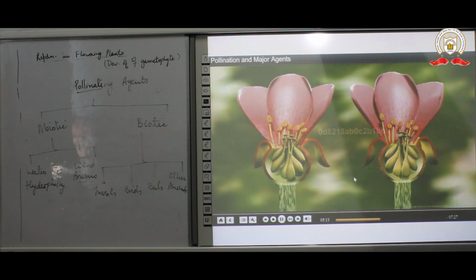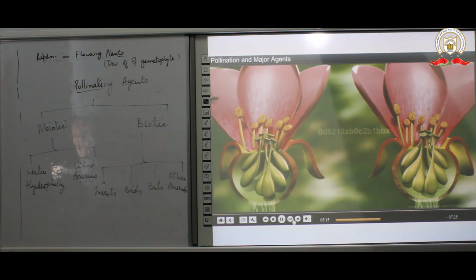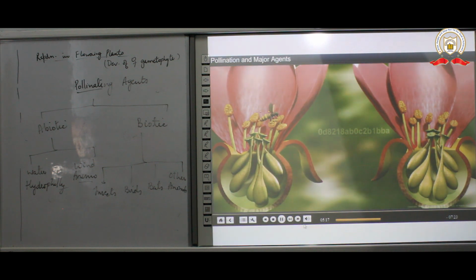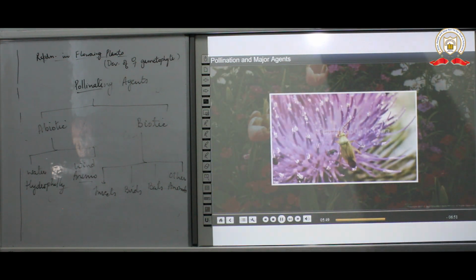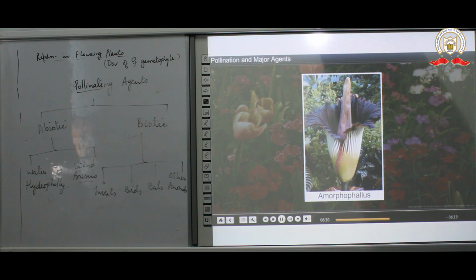Only then will they visit, otherwise this will not be possible for them. So these are an important source of genetic variability. You can all see that they are helping in bringing about genetic variability.